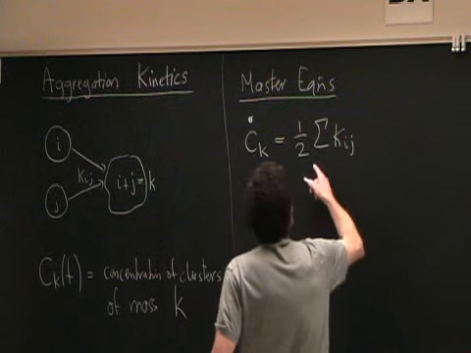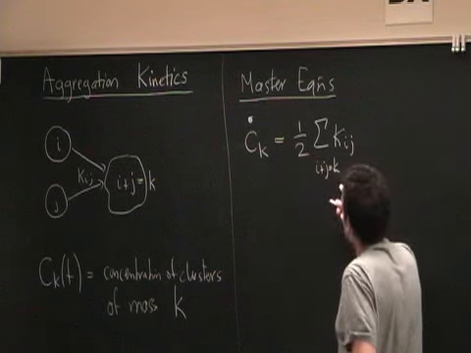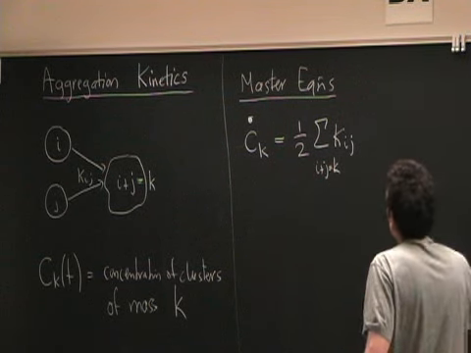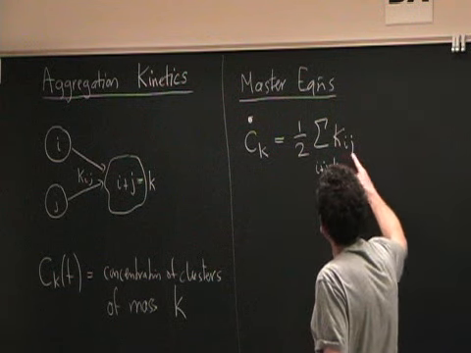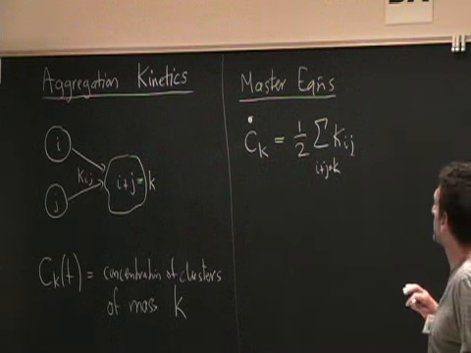So there is 1/2 the summation over i plus j equals k. So we're looking at all combinations of clusters of mass i and mass j that come together and make mass k. The rate at which they meet is an abstract quantity k_ij, which can be computed from first principles, but I won't worry about it for the moment.